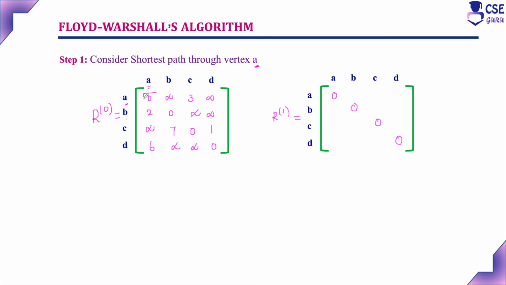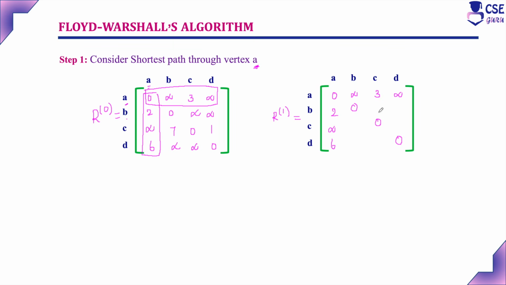We should not disturb the A row values and A column values, since we are considering the shortest path through vertex A. Only the remaining positions we need to consider. So these values we can write as they are: infinite, 3, this is also infinite, and 2, infinite, 6. Next, we need to consider B to C.